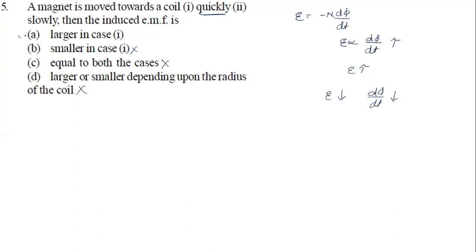So the first option is correct. Quickly, EMF increases. Slowly, EMF decreases, which means we get less EMF as compared to the previous case. That's question number 5.